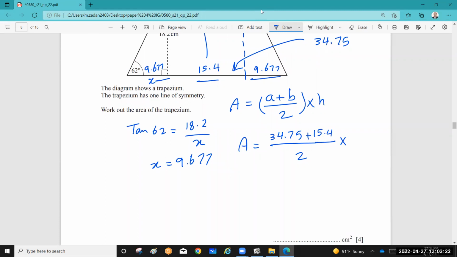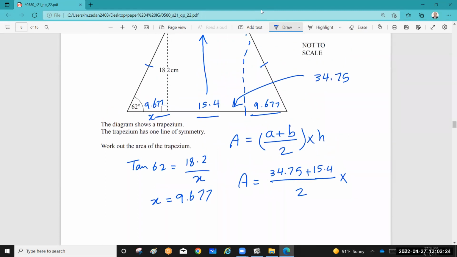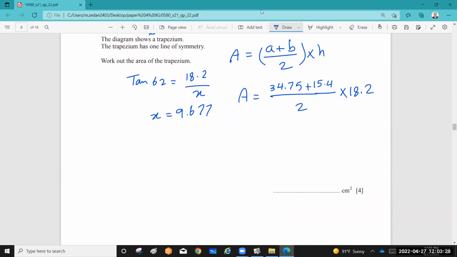I get the average base, multiplied by the perpendicular height between them, 18.2. Solving this by calculator, you will get 456.4. This is the area of the trapezoid: the sum of the parallel bases over 2 times the perpendicular height between them.